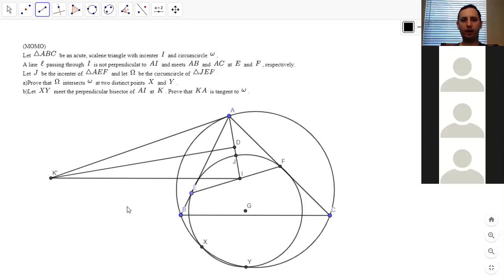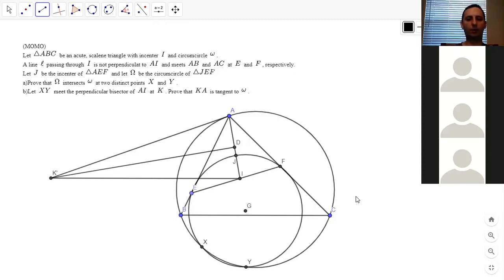So basically K lies on the radical axis. I feel like we might be able to do stuff with point circles. So let's say we have the circumcircle of ABC, the point circle I, and this circle EFXY. We want to show that K prime lies on the radical axis of those three circles.